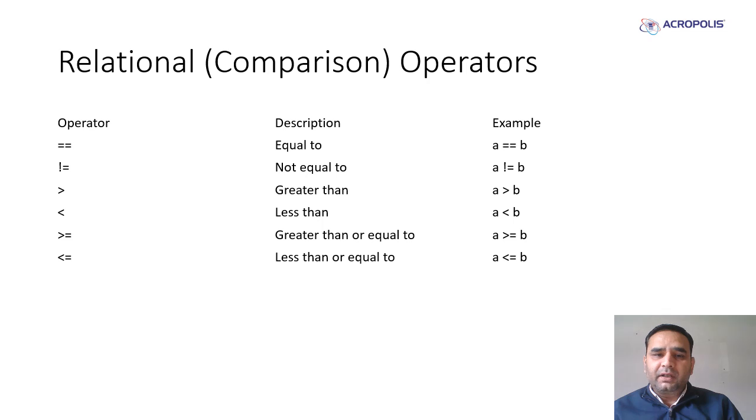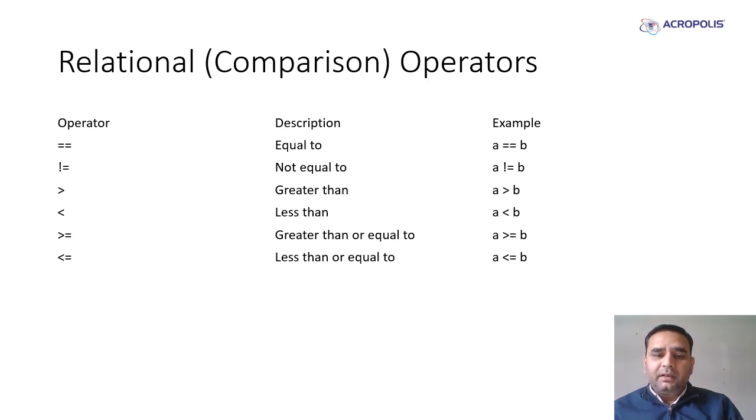Similarly, we have relational operators. These are also called comparison operators. The very first is the equal to operator. Whenever we want to compare two values, whether they are equal or not, we can use this operator. Not equal to is used to find whether these two numbers are not equal.